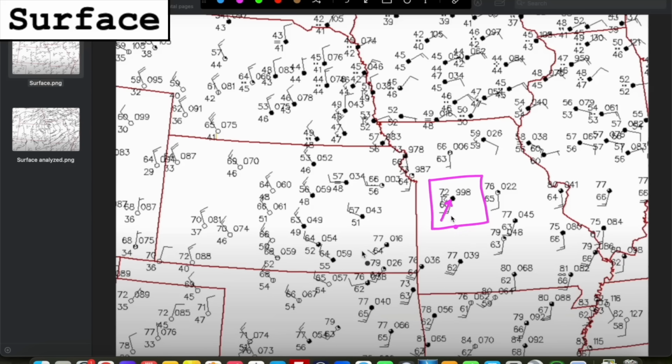So this would be a 15 knot southwesterly wind at this station. The number at the top left is surface temperature at the time of observation. The number at the bottom left is surface dew point. The number at the top right is surface pressure at the station. Now, this is given in code.